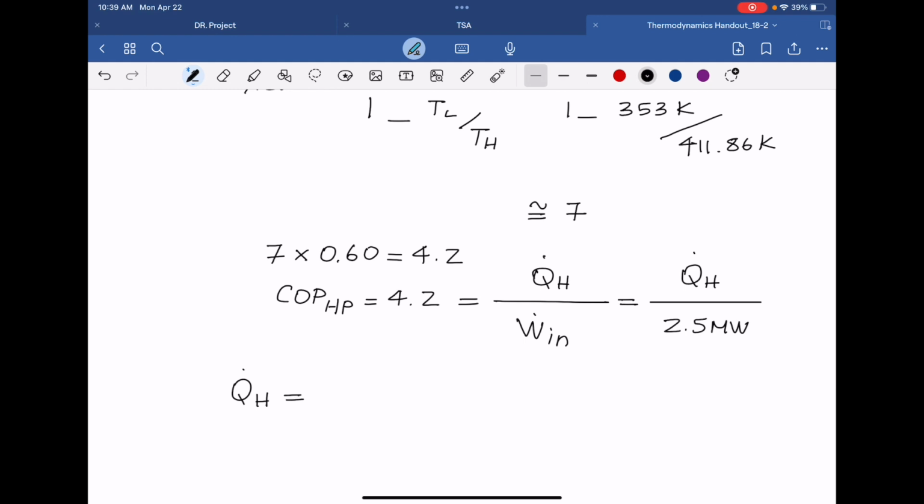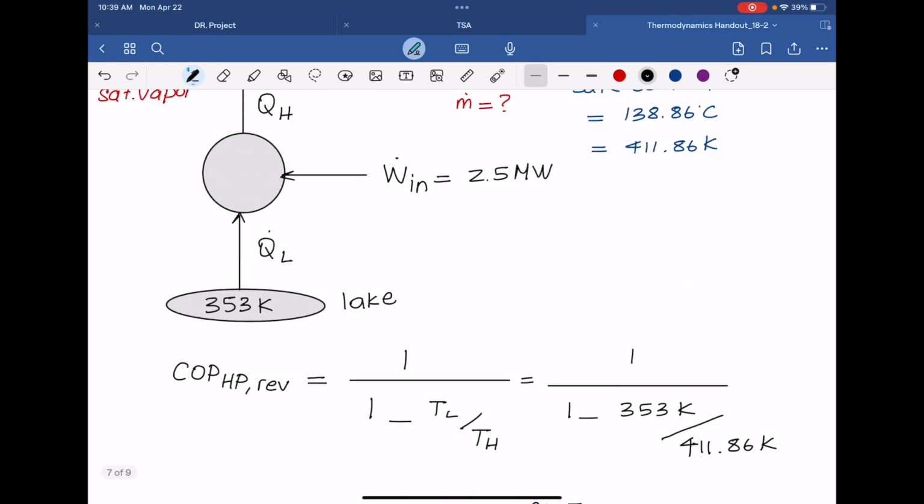Why is that important? Because it's going to help us to write the energy balance for the boiler, because we know the heat that is getting in to achieve that property change from inlet to exit. So we find that, in kilowatts, 10,500 kilowatts.